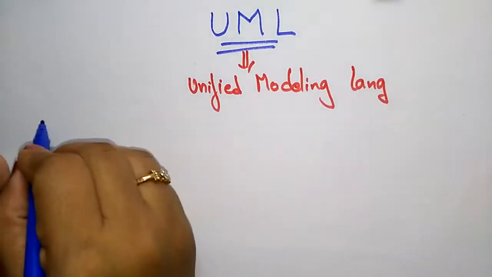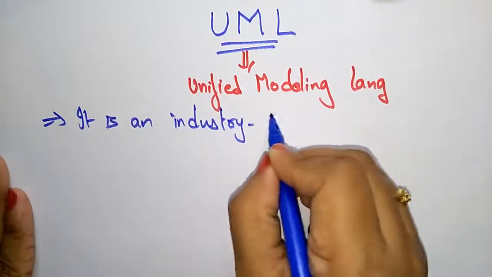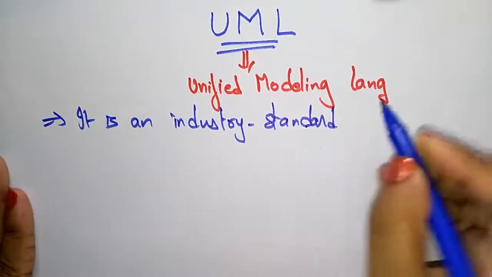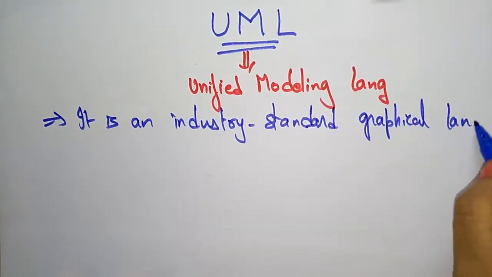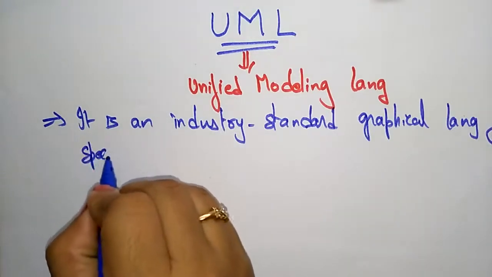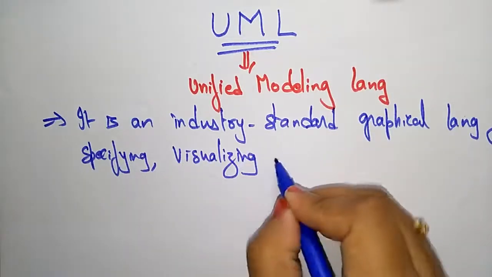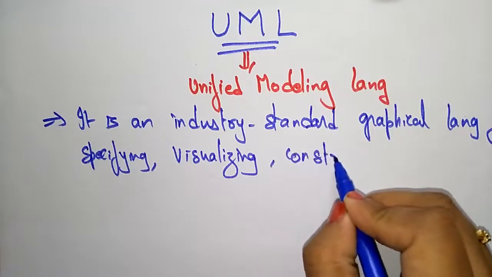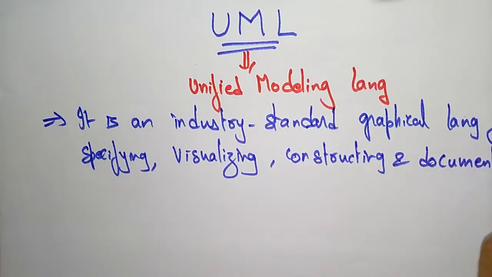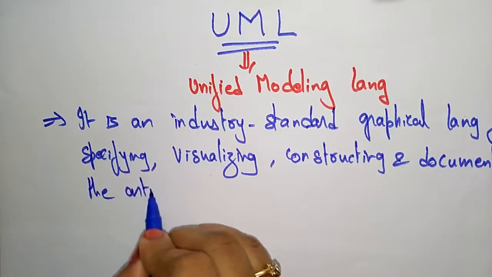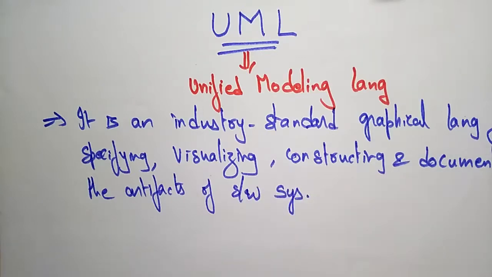It is an industry standard graphical language for specifying, visualizing, constructing and documenting the artifacts of a software system. So that is the definition of Unified Modeling Language.